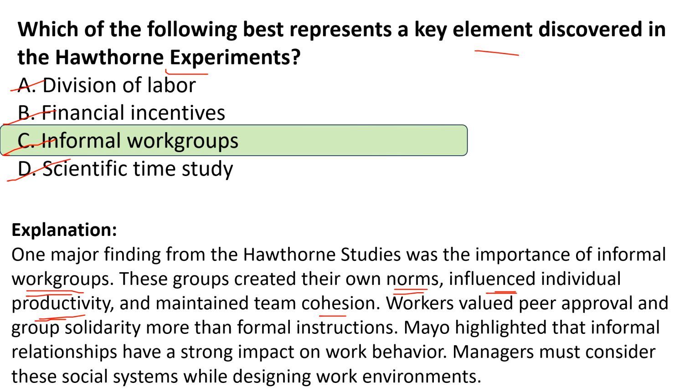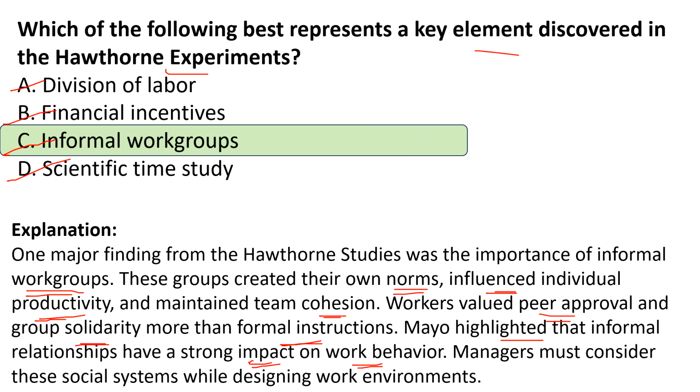Workers valued peer approval and group solidarity more than formal instructions, as I have told you. People feel more positive and more motivated with peer approval than with formal instructions. Clear? Mayo highlighted that informal relationships have a strong impact on work behavior.